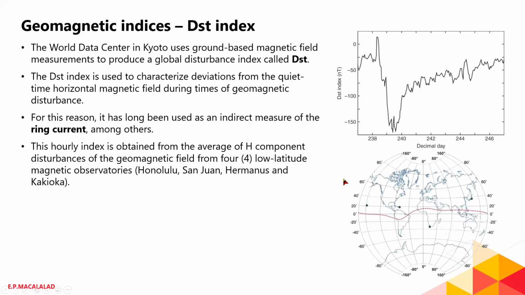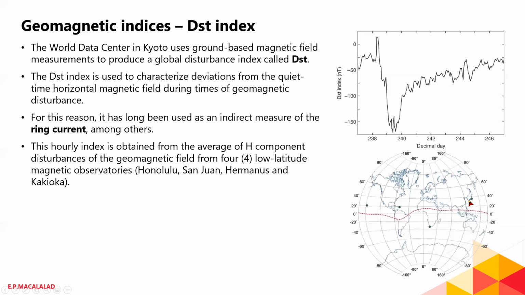So these are the four geomagnetic field magnetometers located around the equator. As I mentioned earlier, this is the magnetic equator and there are magnetometers placed around it. All in all, there are four low latitude magnetic observatories: one in Honolulu, Hawaii, one in San Juan, Puerto Rico, one in Hermanus, South Africa, and one in Kakioka, Japan.